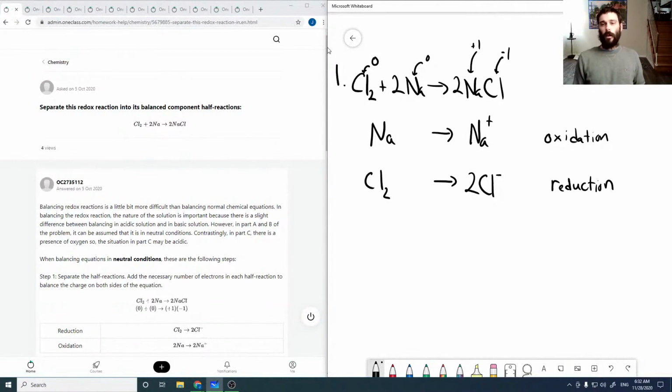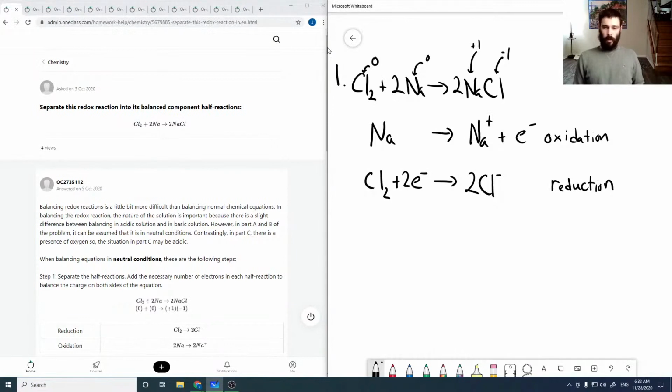But just for explanation purposes, the side we're going to add it on will always balance the charge. So on this side of the reaction here, we have 0 charge. On this side we have +1, so that means we need an electron. And here we have 0 charge, and on this side we have -2, so we need 2 electrons.